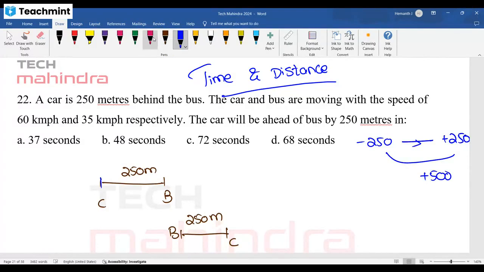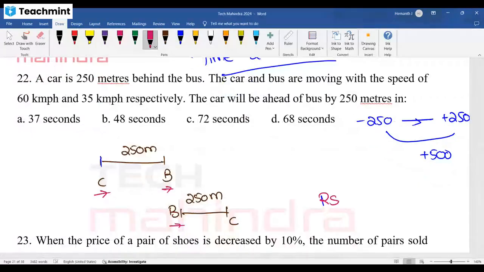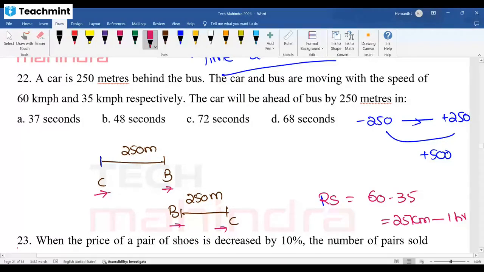Okay, as per the relative speed, as both are moving in the same direction here, this is same direction only, right? Car is behind, now car is ahead of. Okay, no need to mention that in the question. You should consider it's the same. So relative speed, okay, car can travel 25 kilometers more in 1 hour. In 1 hour, 25 kilometers more. I want only half kilometer.